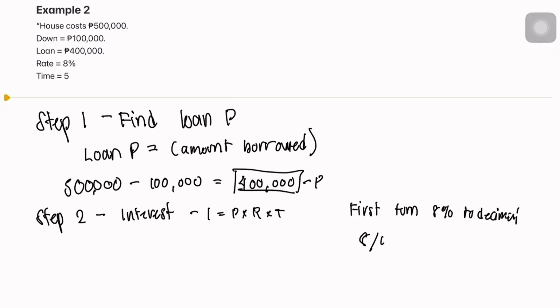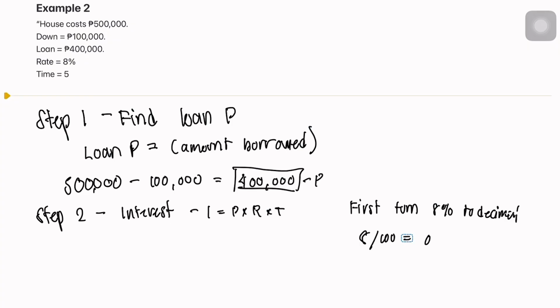So 8 divided by 100 is equal to 0.08. So we have our decimal now. Then let's proceed to substituting the values to the formula.